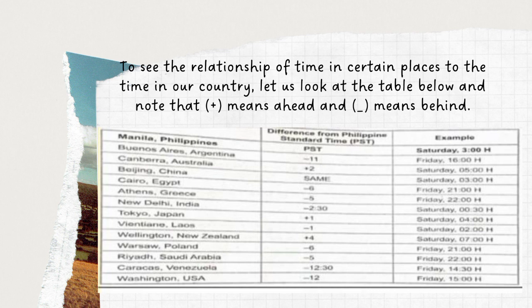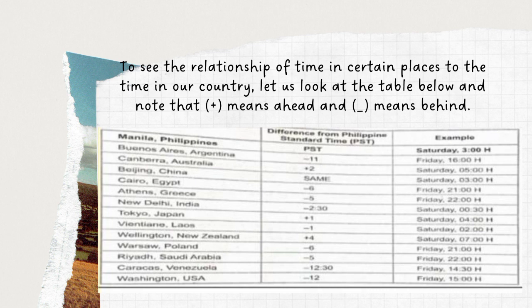Then, Cairo, Egypt. They are behind by 6 hours. Then, Athens, Greece. They are behind by 5 hours. Then, New Delhi, India. They are behind by 2 and a half hours.